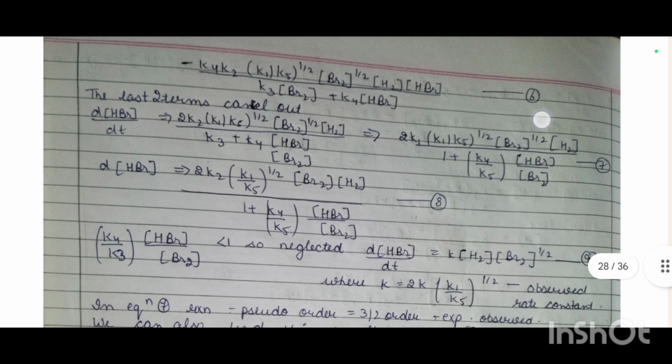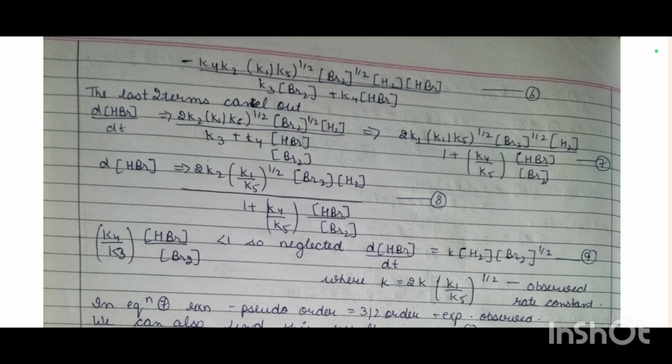From the above equation, we get d[HBr]/dt = 2k2(k1/k5)^(1/2)[H2][Br2]^(1/2) divided by (1 + (k4/k3)[HBr]/[Br2]).